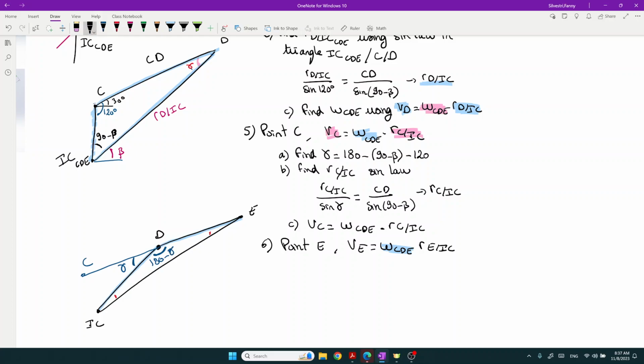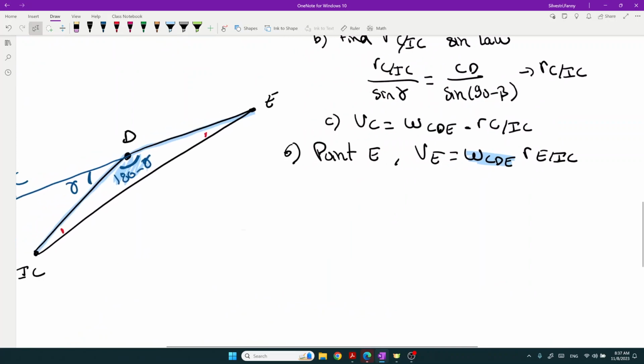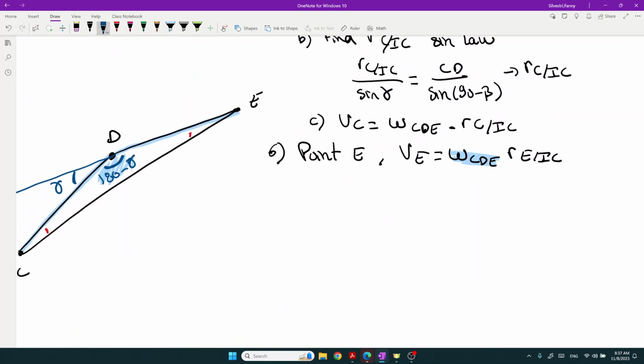So what we can do, we have one angle and two distances. We can use the sine law. Okay, let's try to write it a little bit. 180 minus gamma that you found before.